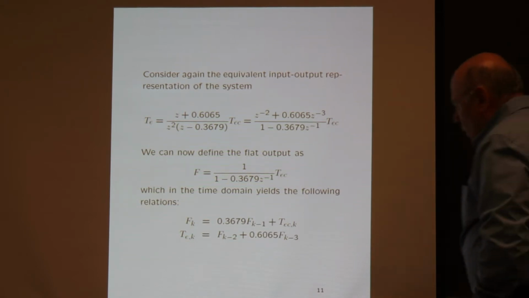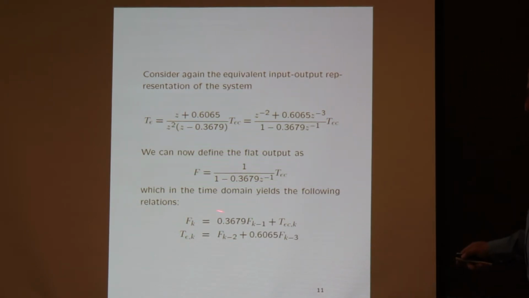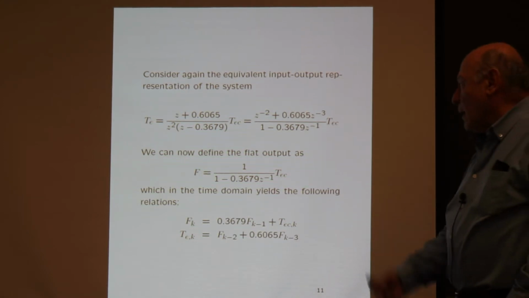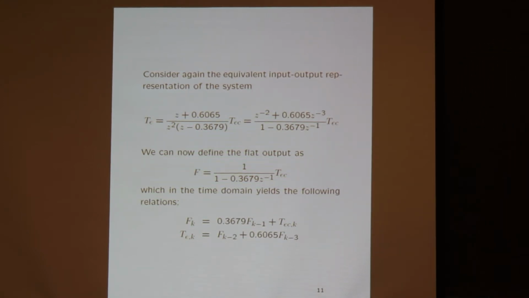So the flat output satisfies these dynamics, and the output of the system can be represented by means of these backward shifts in terms of the flat output, which is this quotient. So you'll have the value of the flat output at time k minus 2 and the value of the flat output at time k minus 3, defining your actual output temperature.